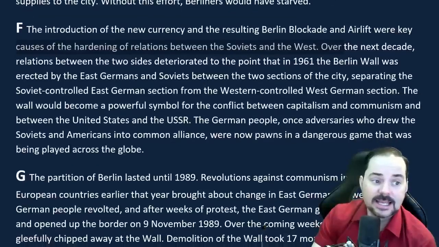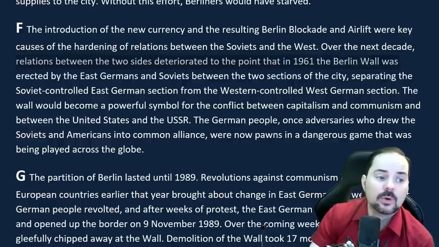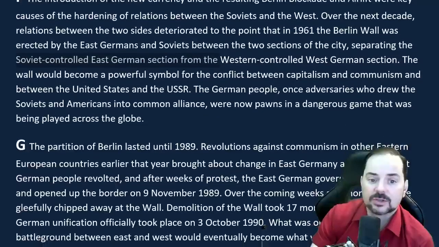Over the next decade, relations between the two sides deteriorated to the point that in 1961, the Berlin Wall was erected by the East Germans and Soviets between the two sections of the city, separating the Soviet-controlled East German section from the Western-controlled West German section.